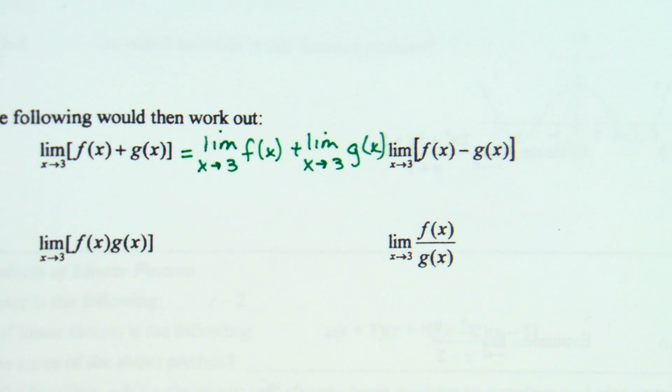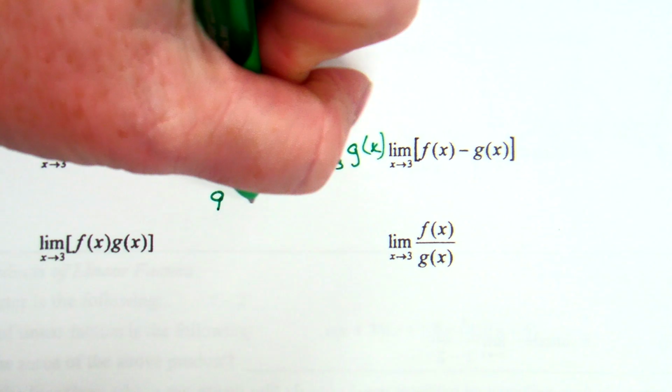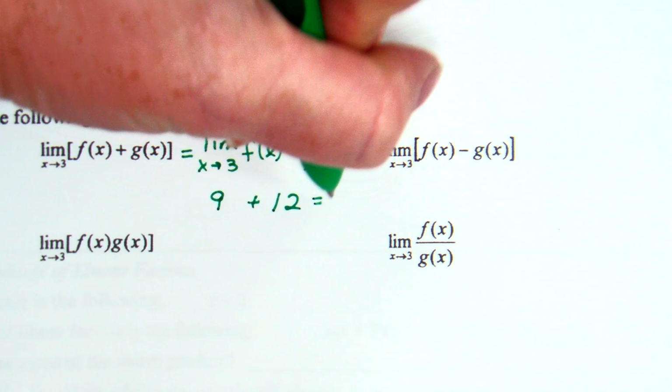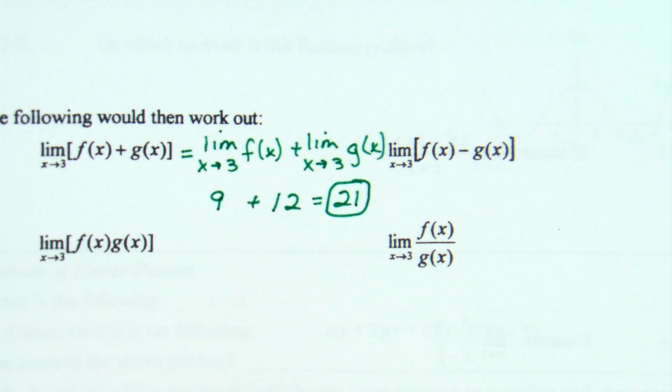Because up above, the limit as x approaches 3 of f of x was 9, plus the limit as x approaches 3 of g of x was 12, and 9 plus 12 is 21. So that's the official calculus language, okay?